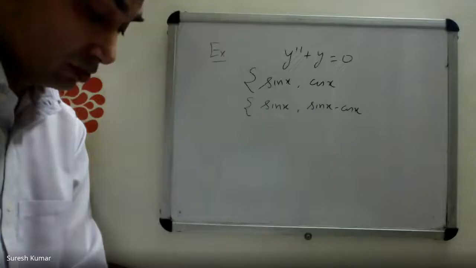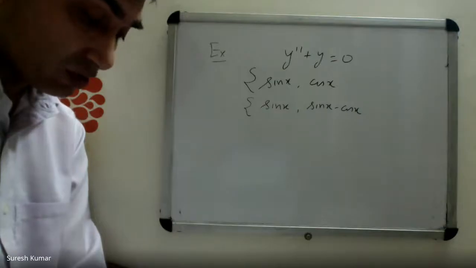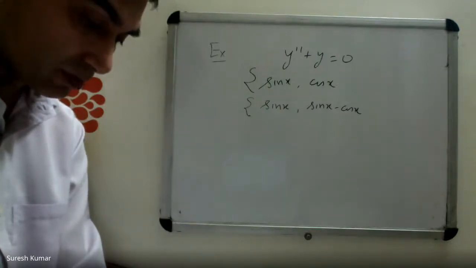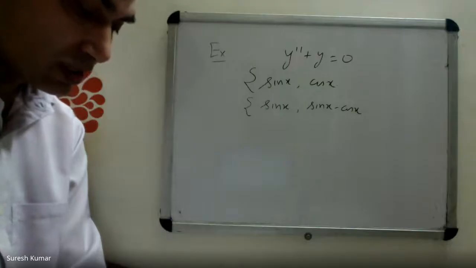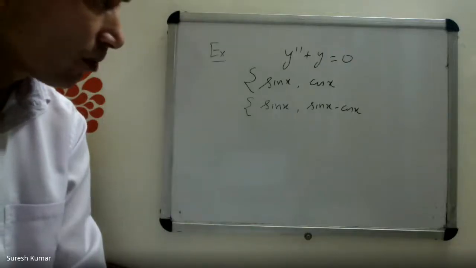So what does it mean? It means there can be different pairs of independent solutions. So is there a way that we can reconstruct the equation uniquely by using our solutions?